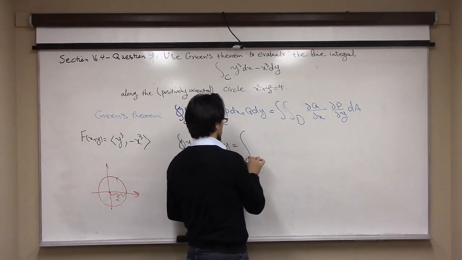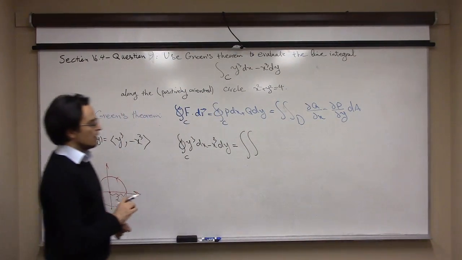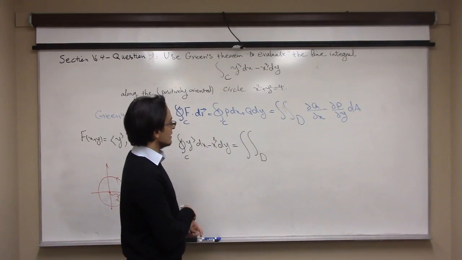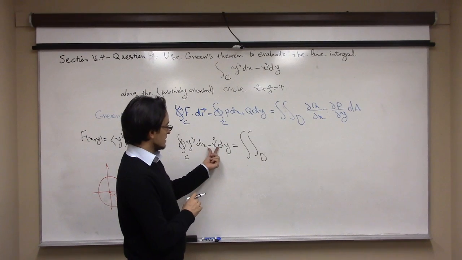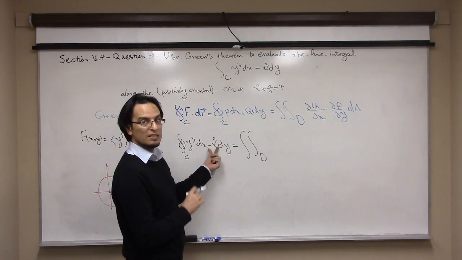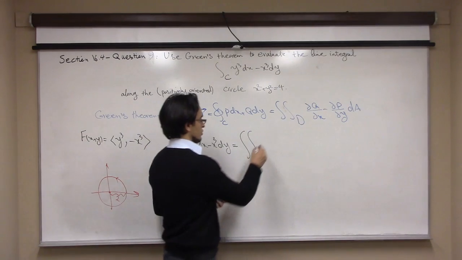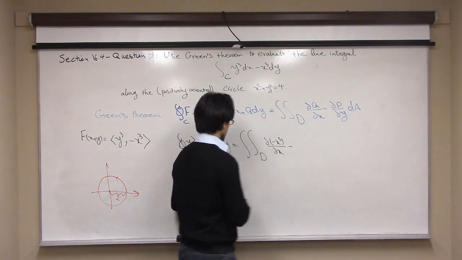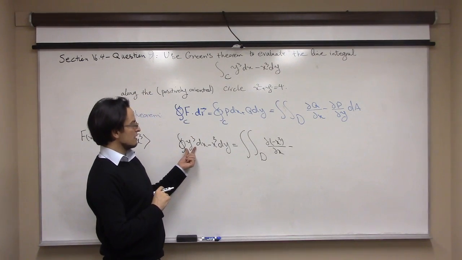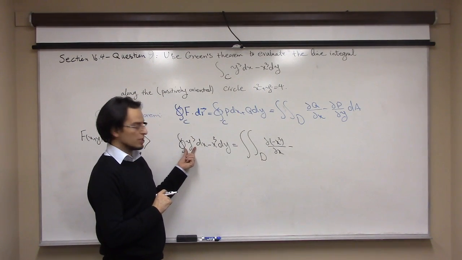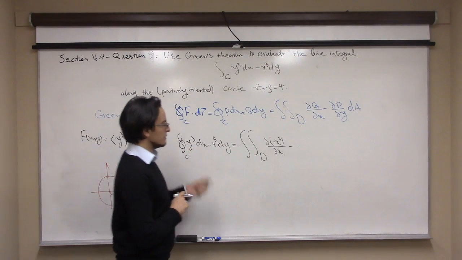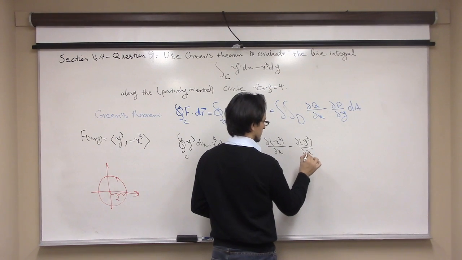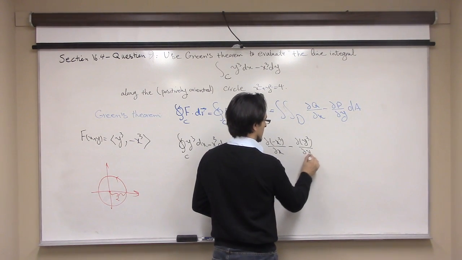This is going to be equal to the double integral inside the circle, which is the disk, and the integrand is dQ/dx, find the derivative of Q with respect to x, minus the partial derivative of P, which is y cubed, with respect to y.